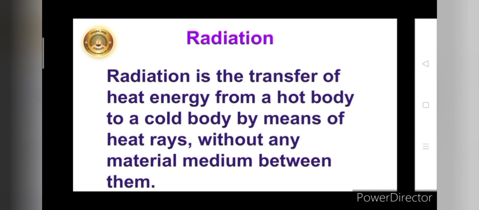Now what is radiation? Radiation is the transfer of heat energy from a hot body to a cold body by means of heat rays, without any material medium between them. Radiation does not require any material medium.